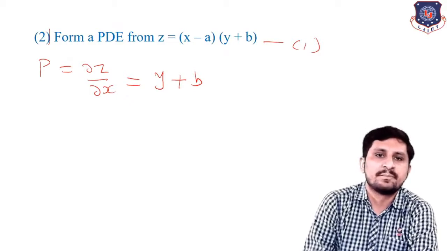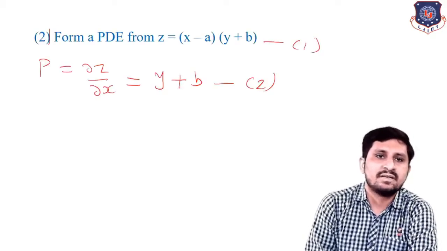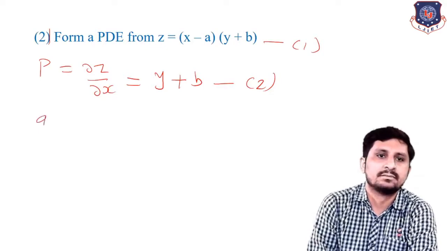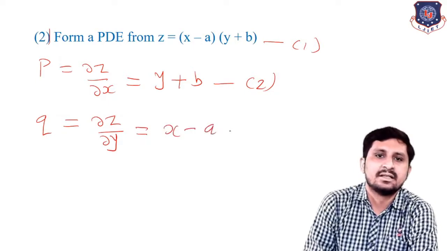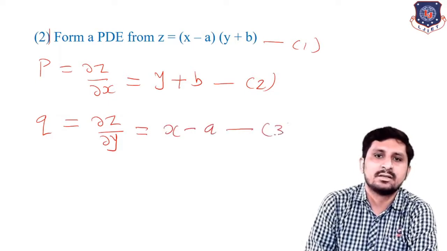So P equals Y plus B, call it equation number 2. Now differentiation of equation 1 with respect to Y. So Q is equal to del Z by del Y, that is equal to X minus A. So this is equation number 3.